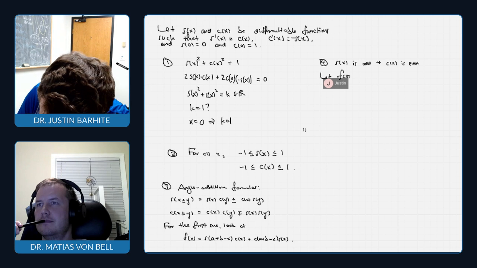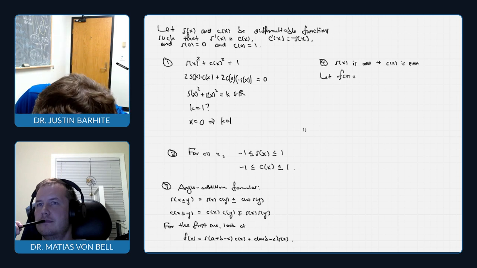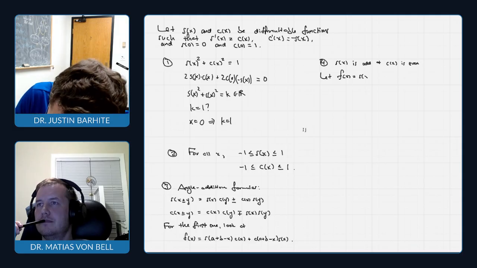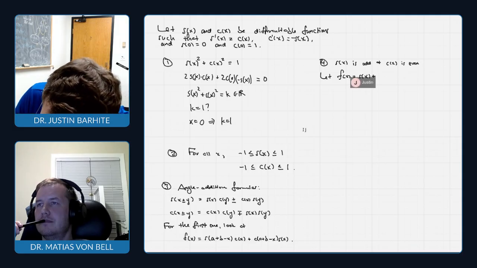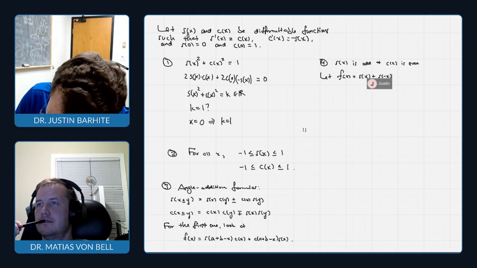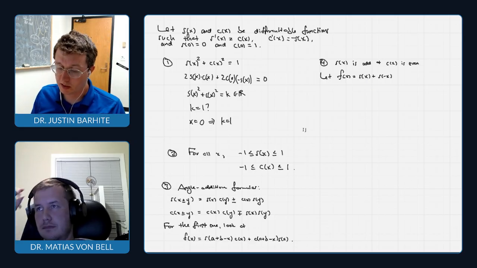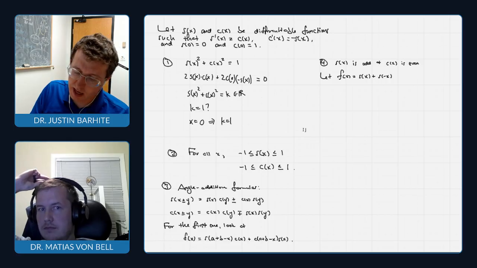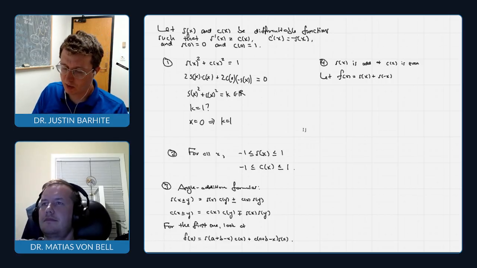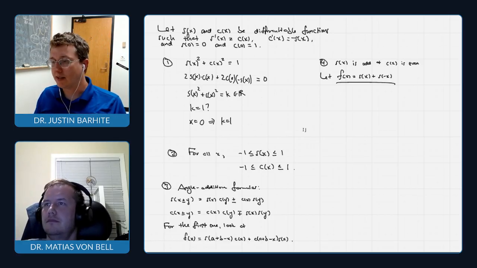I'm going to define two new functions. One of them is f of x equals s of x plus s of minus x, and my goal is to show that both of these functions are 0. Showing that s is odd is the same thing as showing that f of x is identically 0.